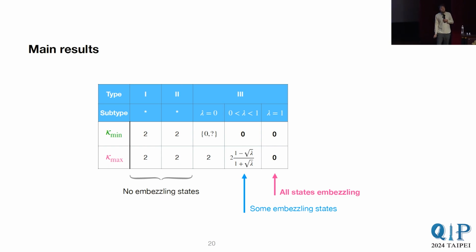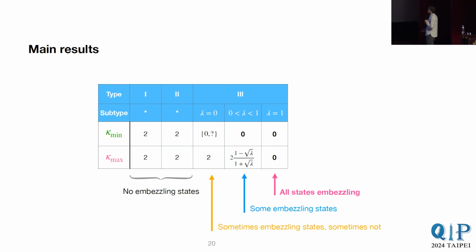So these are the universal embezzlers that I mentioned in the beginning. Now for type 3 with lambda equal to 0, the story is very complicated. Sometimes there are embezzling states, sometimes they are not. So sometimes kappa min can be 0. We will say a little bit more about this in the end maybe, but there are some open questions there. Okay.